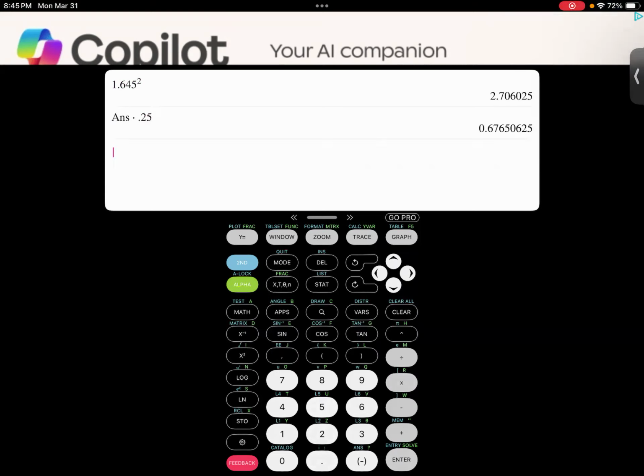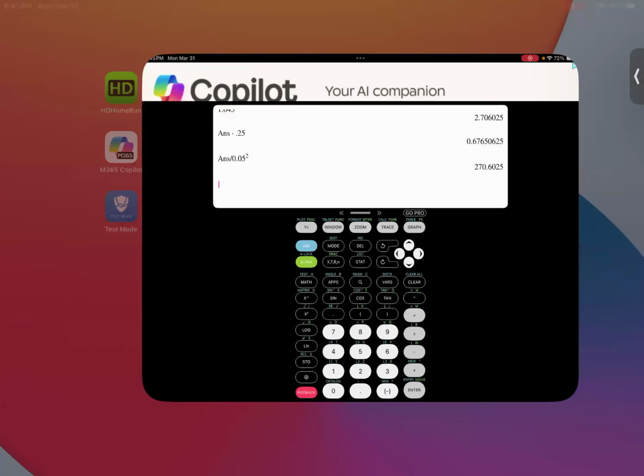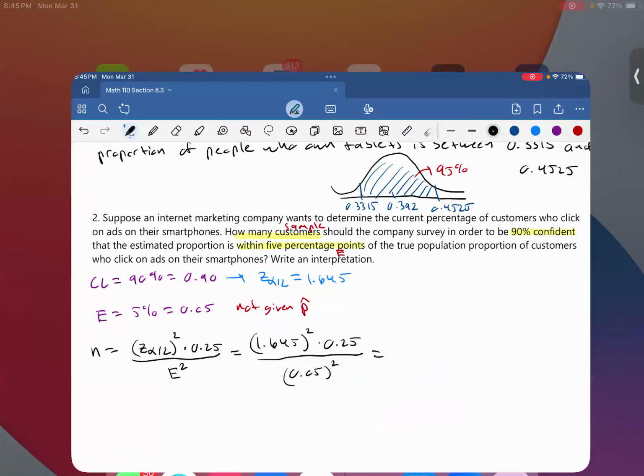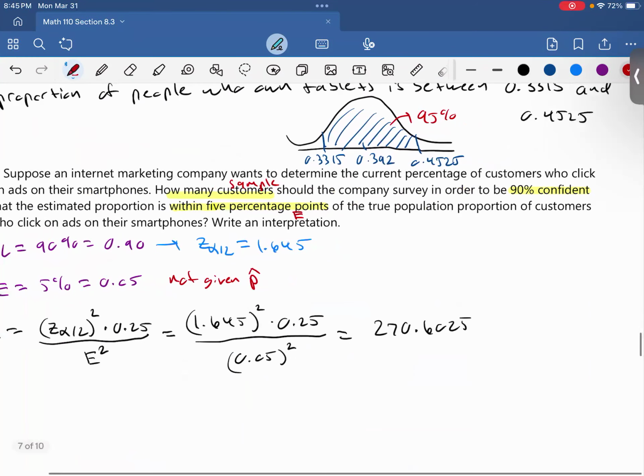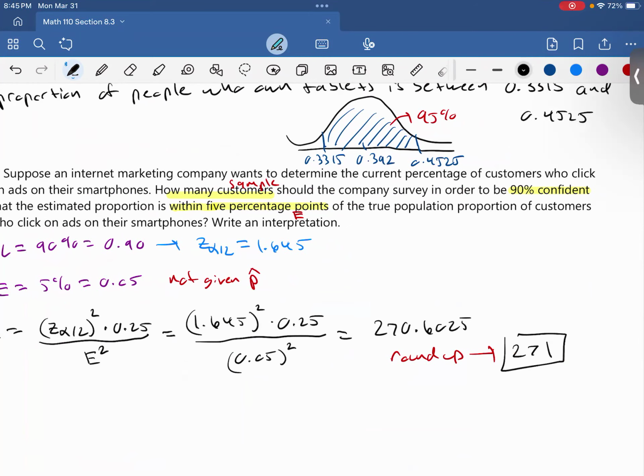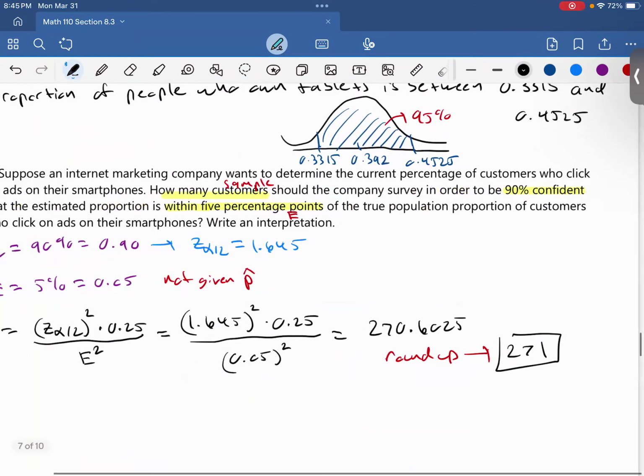And that's what I get, 0.67 dot dot dot. Then I want to divide it by 0.05 squared. And that's what I get, 270.6025. But remember, we always round up, and what we end up with is a sample of 271 customers.